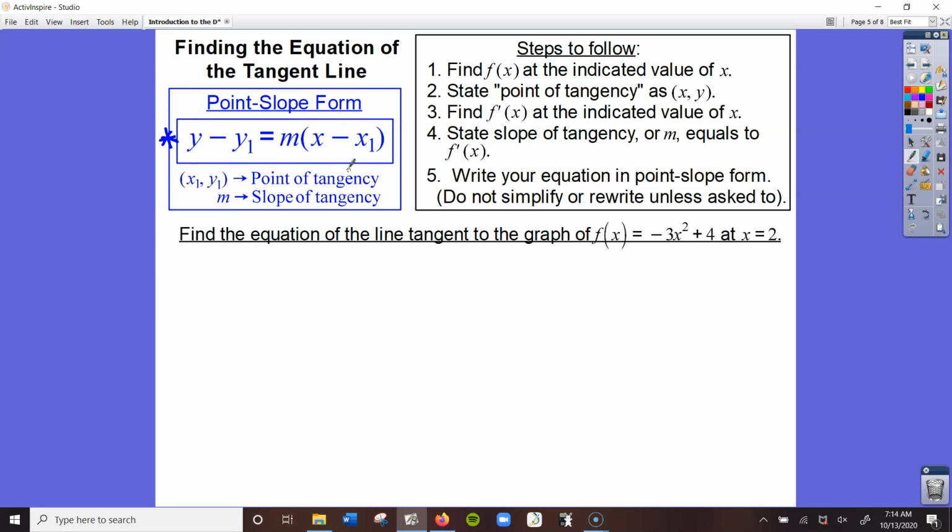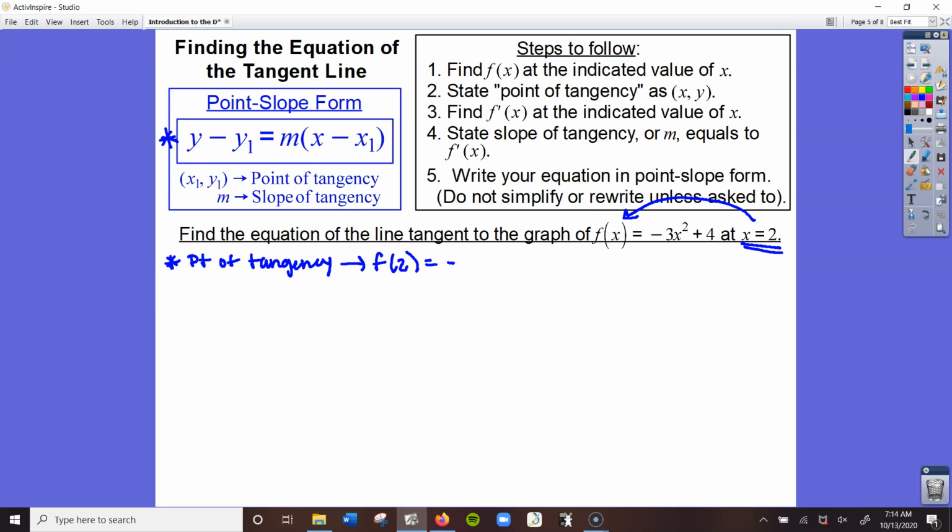So in order for us to get it into this form, we need that point of tangency, meaning where the tangent line touches your function. And we do that by taking the x value that is given to us and plugging it into the function. So my point of tangency, that's the first thing that we're going to find, which we find by plugging in x is equal to 2 into our function.